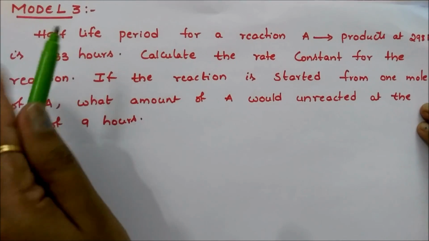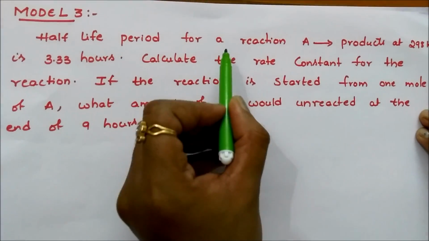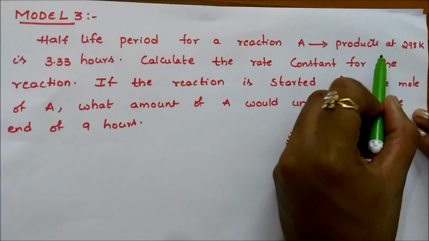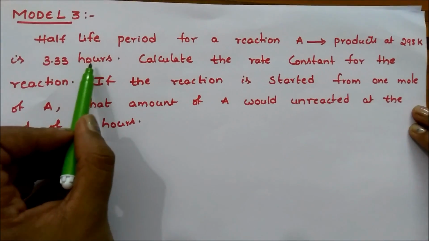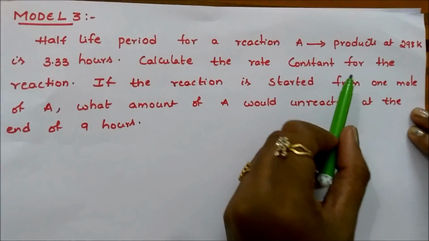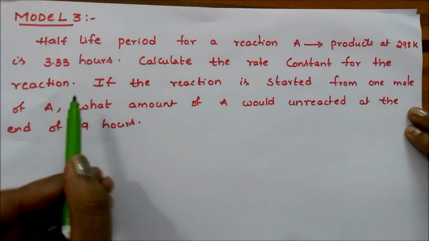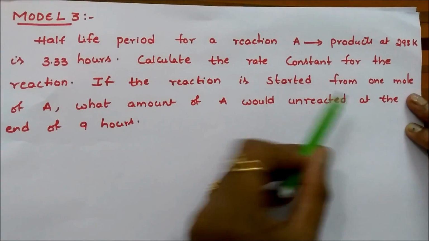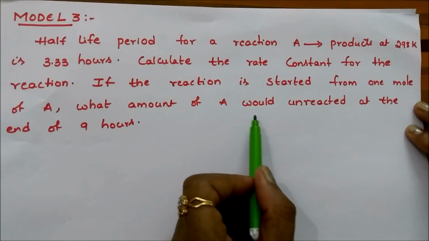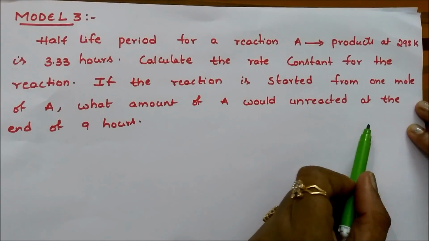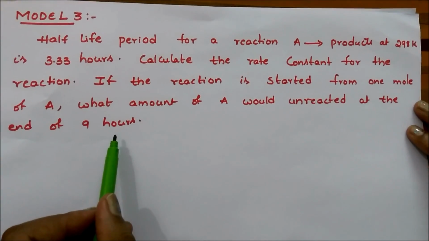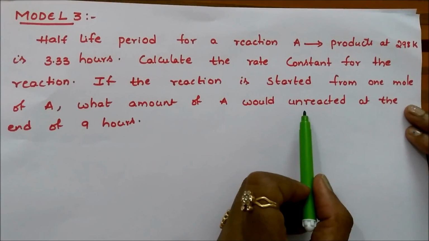Model 3. Half-life period for a reaction is 3.33 hours. Calculate the rate constant for the reaction. If the reaction is started from 1 mole of A, what amount of A would be unreacted at the end of 9 hours? What are they asking, students?